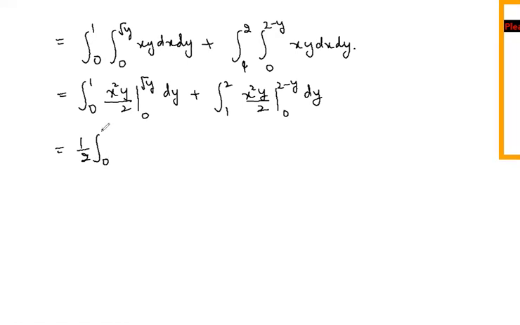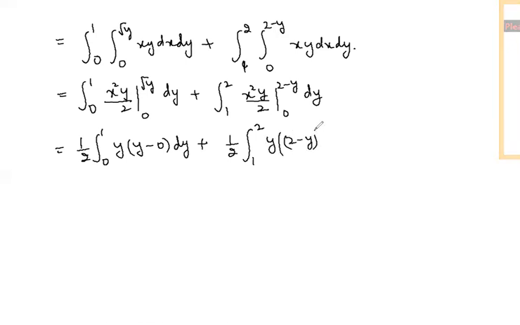You can solve it by yourself also. Take a y into y minus 0 dy plus half comes outside, 1 to 2, right? Y into, this is 2 minus y whole square minus 0, dy. So this is half integral y square, which is y cube upon 3, 0 to 1.